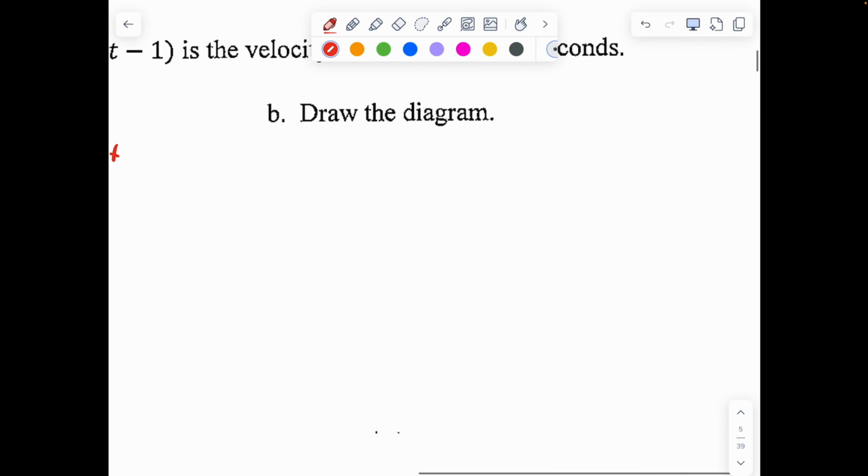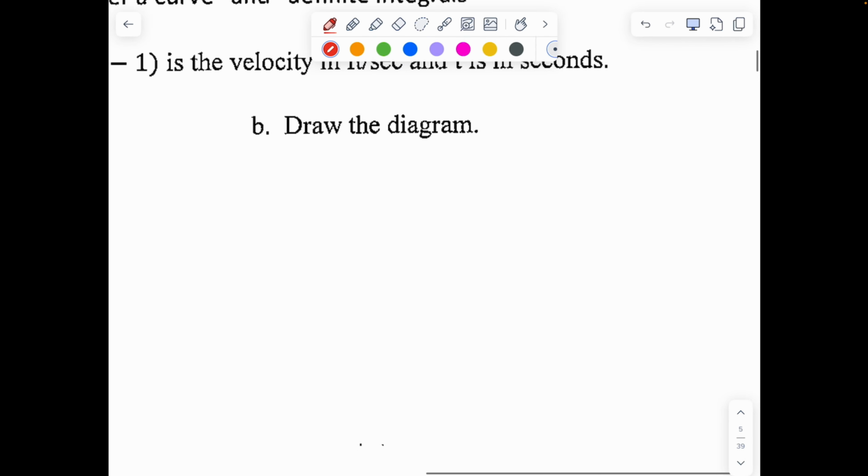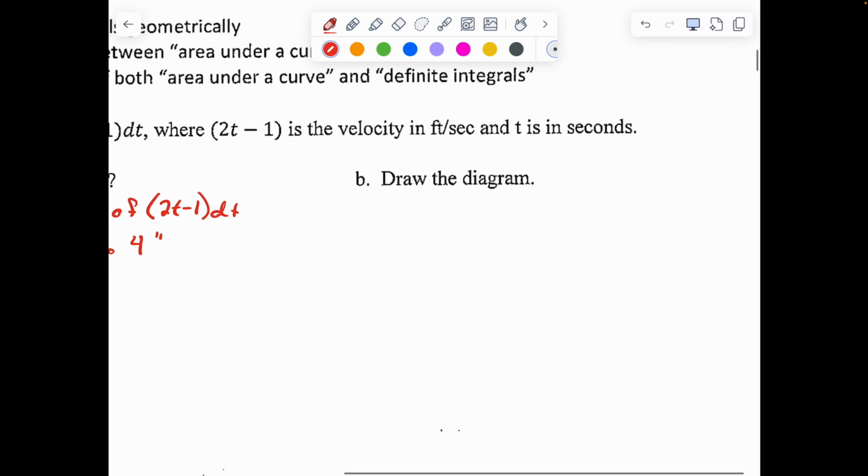Now we're going to draw the diagram of what the picture looks like. So this 2t minus 1 is velocity. So we're saying that v of t equals 2t minus 1. And the diagram looks like this.